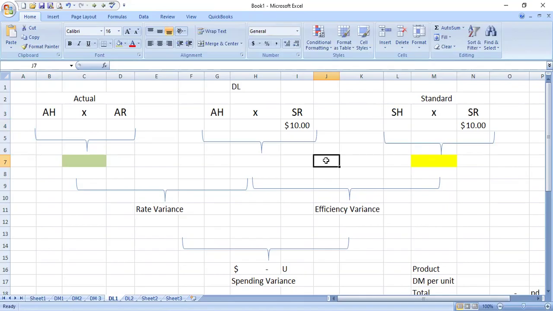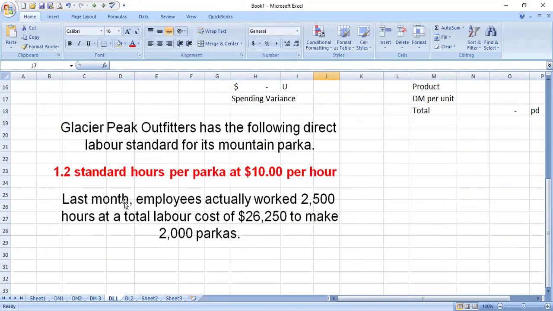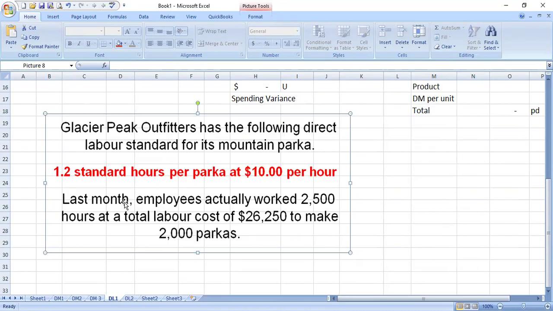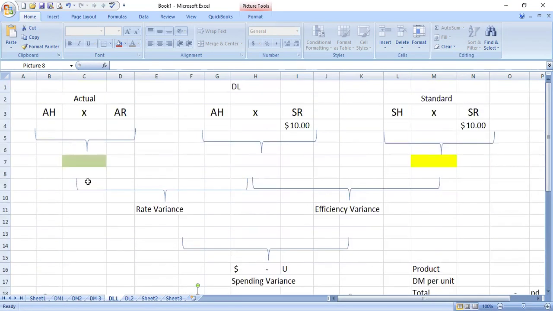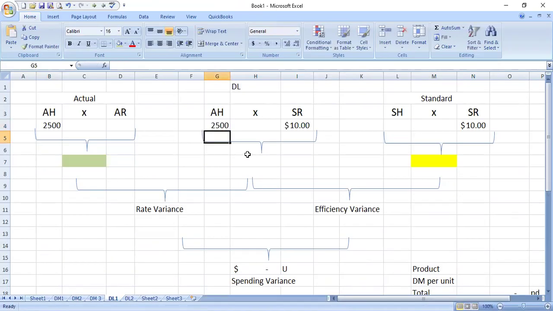I have my first number. What else can we get? Last month, employees actually worked 2,500 hours. So I have my actual hours worked, 2,500. So 2,500 here. In the middle, I'm going to have 2,500 times $10. My number here will be 25,000.